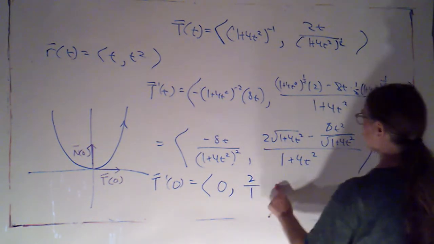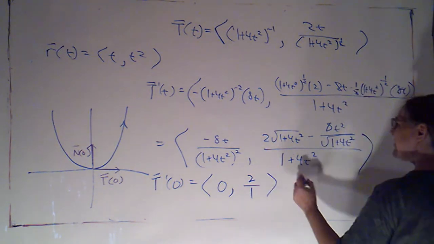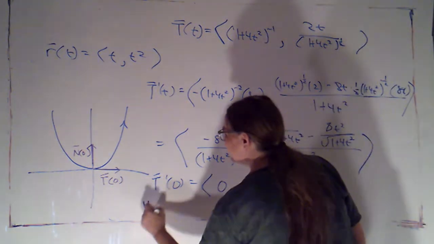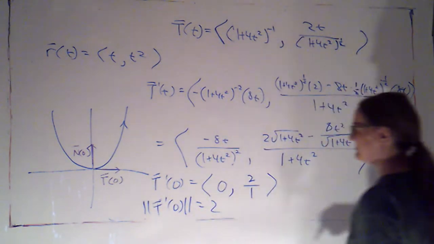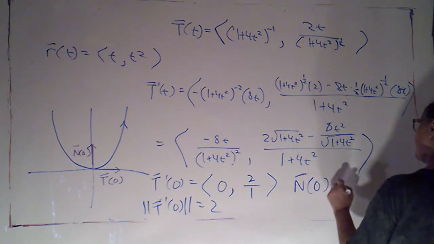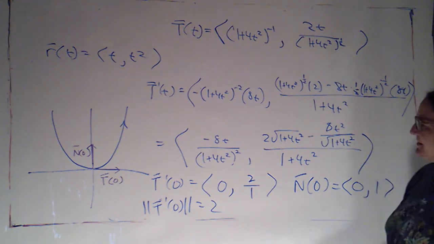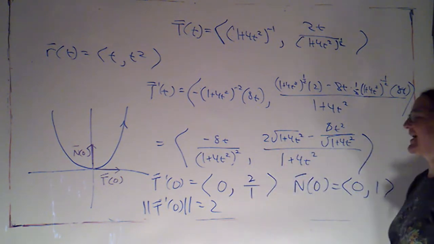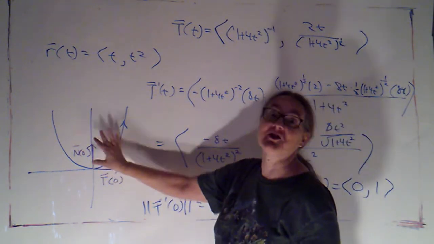Oh, that was lovely. Okay, so we get 0, 2. So the magnitude of T prime of 0, I can see by inspection, is just 2. And so N of 0 will just be 0, 1. Scale each of those components by a factor of 1/2. Okay. And that confirms what we thought it should be.